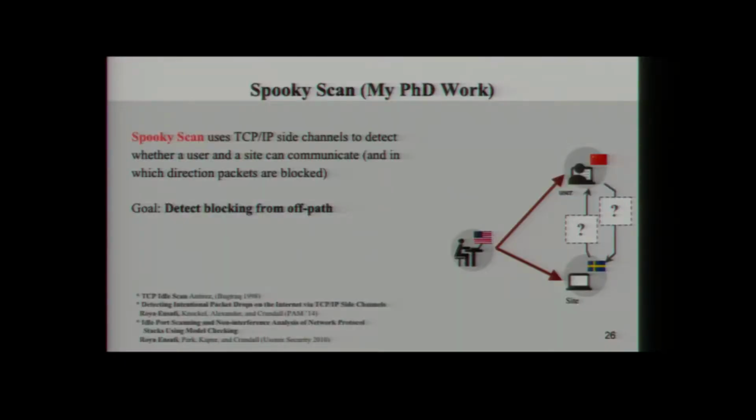But of course, we pursued the idea and we came up with a technique called Spooky Scan. Spooky Scan can help you measure whether two remote hosts can establish a TCP/IP handshake, and if not, in which direction the packets are being dropped. Remember, we can do that without having access to them, off the path, remotely.